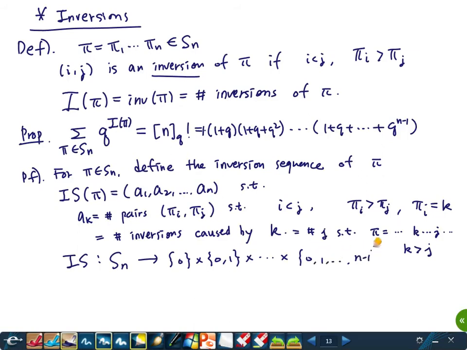In your sequence, the ith position may have 0, 1, 2, up to i minus 1. This is a bijection, as we saw before.